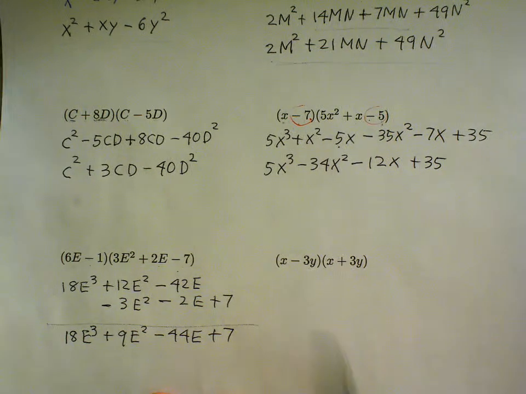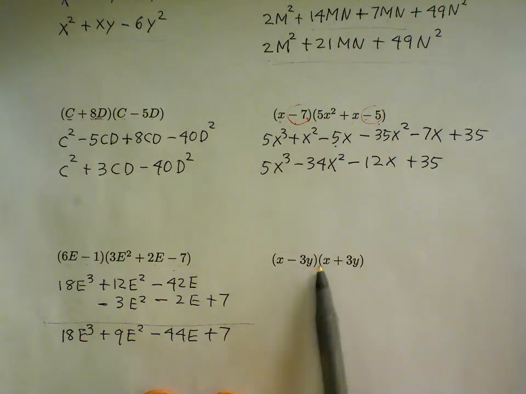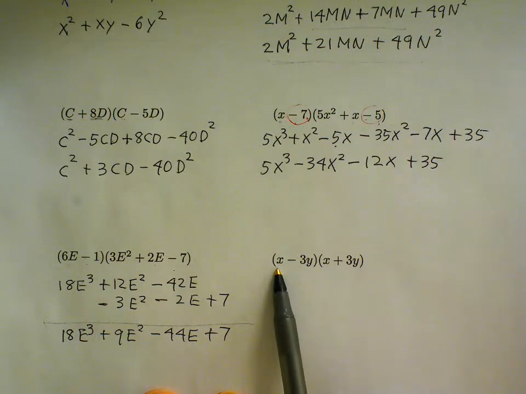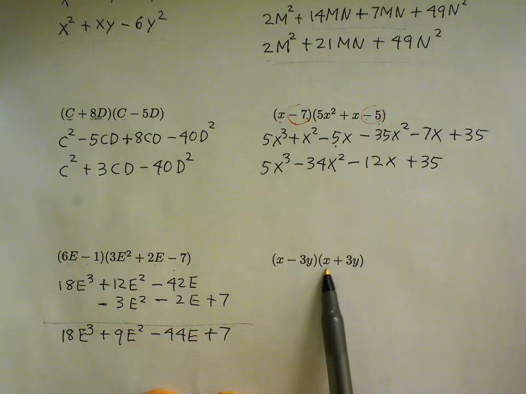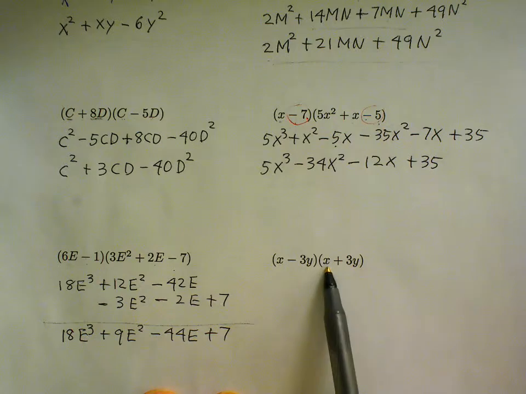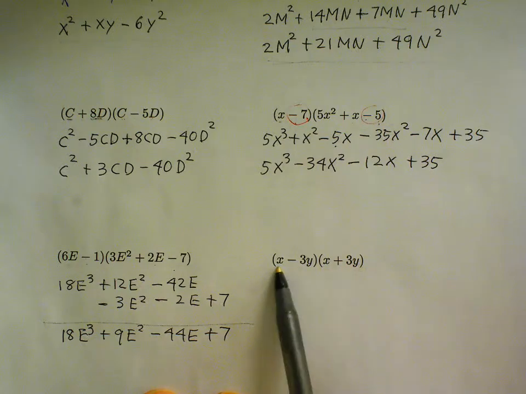Okay, the next example is just multiplying two binomials. So first we multiply x times each of the terms in the binomial x plus 3y. And then we'll multiply negative 3y times each of the terms in x plus 3y. So first, x times x is x to the second.